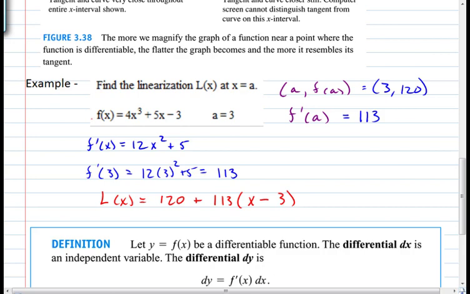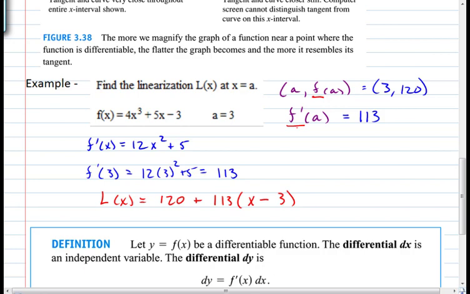Your question? F of a, you said equals 120. Mm-hmm. And then that was f of a, plugged in 3 in the function. Uh-huh. Yeah. F of a, you plug 3 into the function. To get the slope, you plug it into the derivative. Okay?